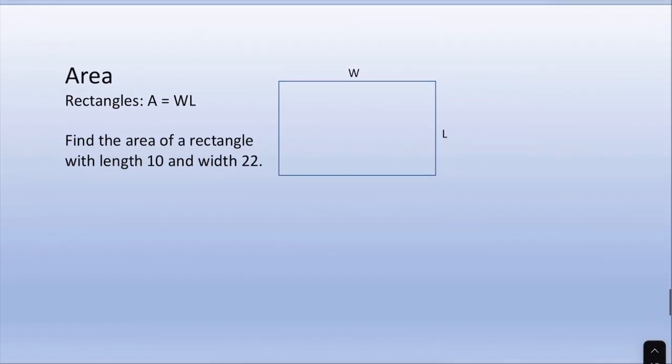Let's talk about area. A formula that you would need to know is this one right here. The area of a rectangle is length times width or width times length. It doesn't matter. They have it width times length right there. So if we want to find the area of a rectangle with a length of 10 and a width of 22, the area is just width times length.